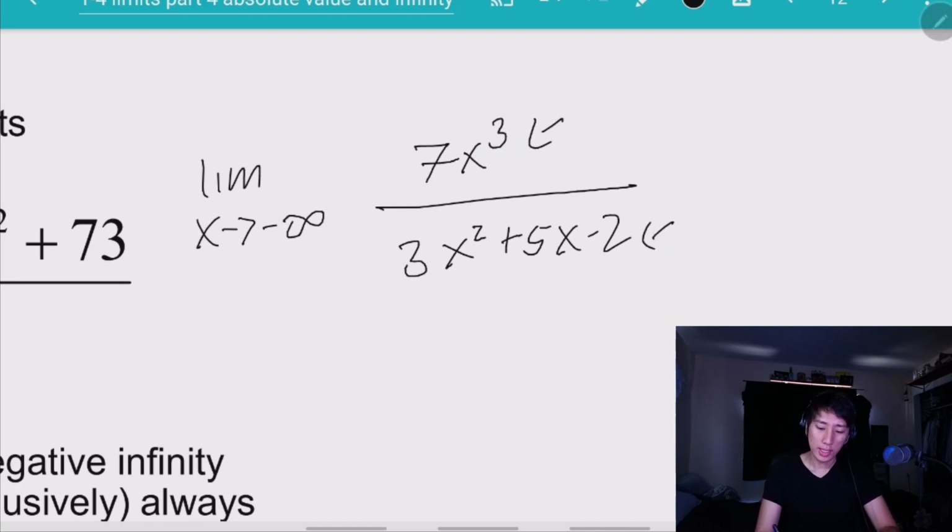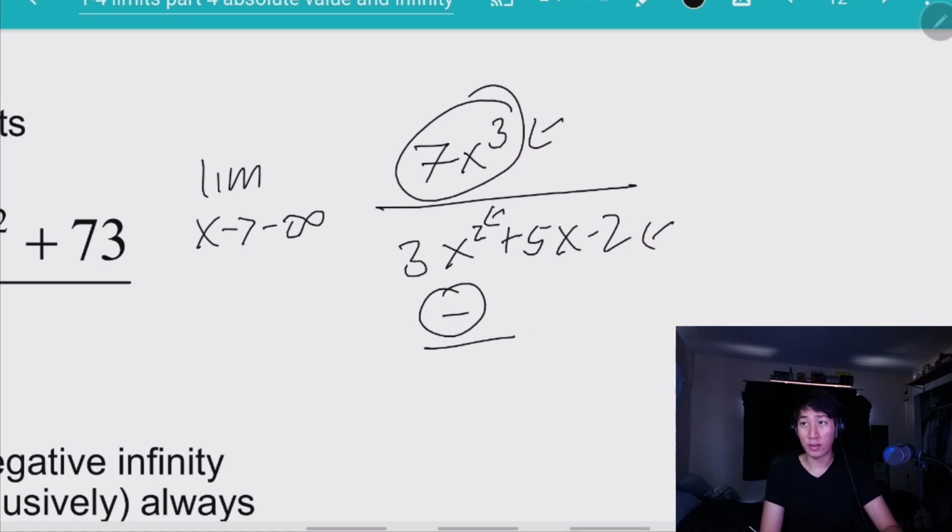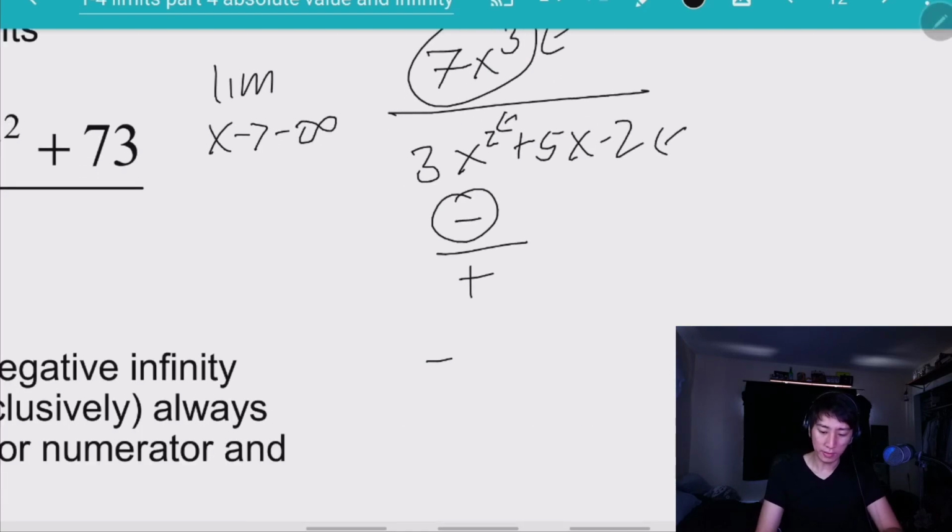But when you take this number here, you're getting a negative number cubed. And when you take a negative number cubed, that's going to be a negative number divided by a negative number squared, which is going to be a positive number. So you're not necessarily going to infinity. You're going to infinity, but to negative infinity. That's where you've got to watch out.